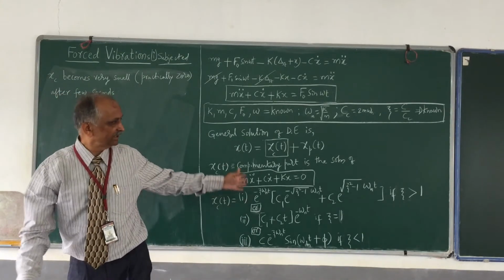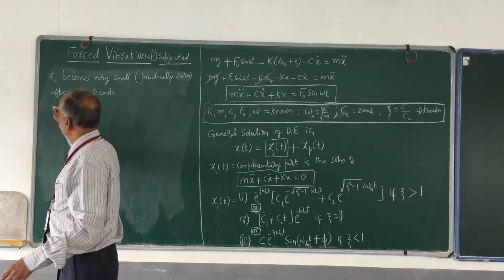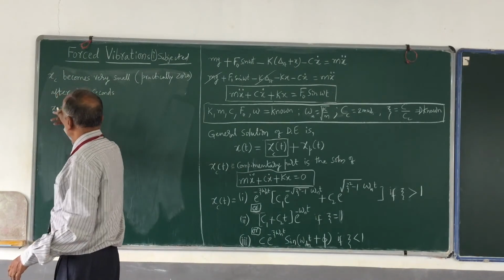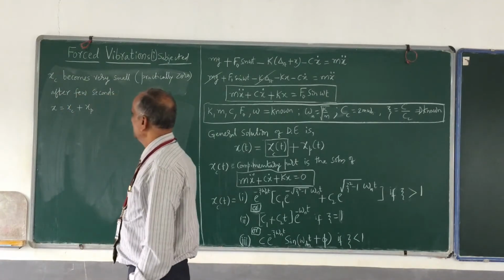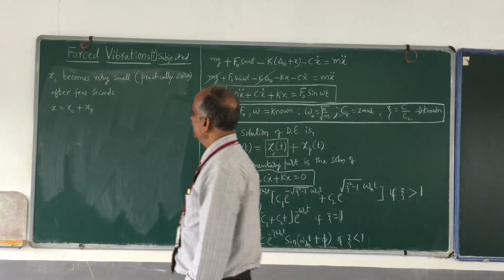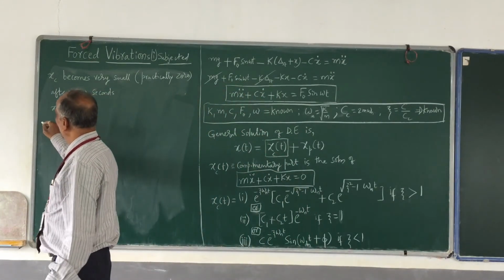I shall go back here. So x is equal to xc plus xp, of course x of t, xc of t, xp of t, all that is there. Then I have an observation.